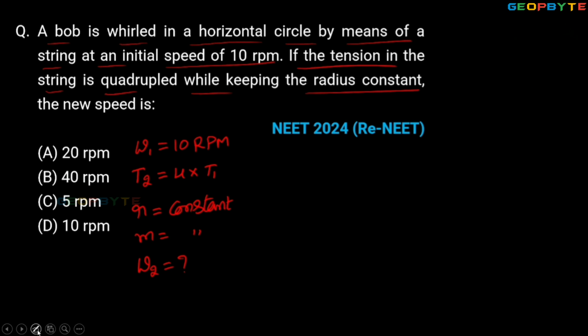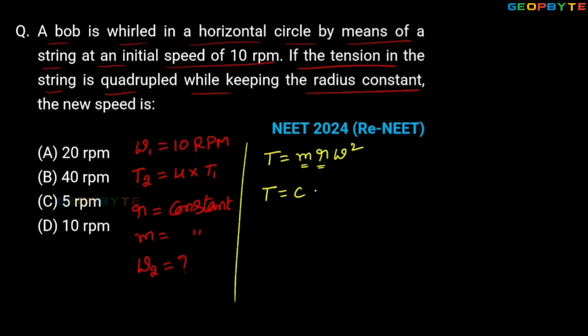For that, you should know the mathematical formula for tension developed in the string. Tension developed in the string T equal to m into r into omega square. Since mass and radius remain constant, I can say that tension T equals some constant C into omega square, or T by omega square is equal to a constant.